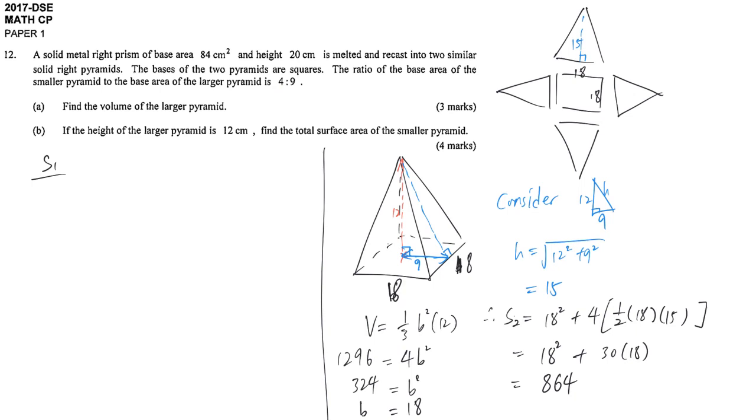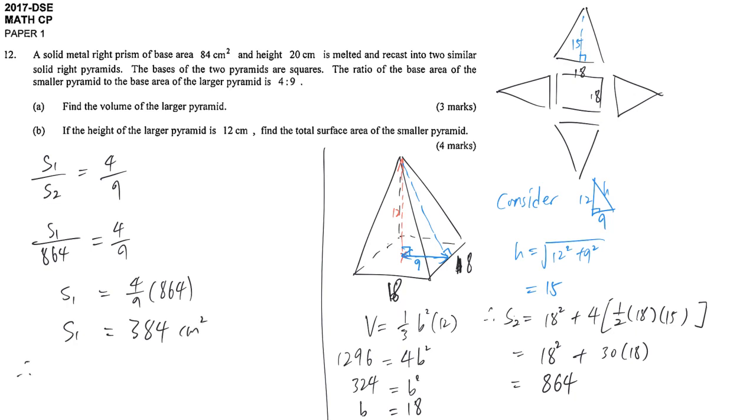The smaller surface area to the larger surface area is 4 to 9. We already know the larger one is 864. So the smaller surface area is 4 over 9 times 864. We get 384 cm². That's all for this question.